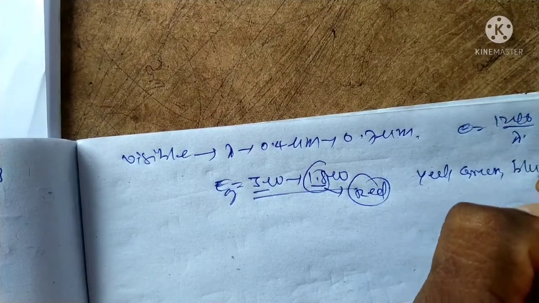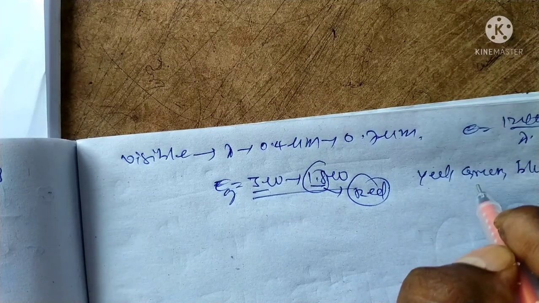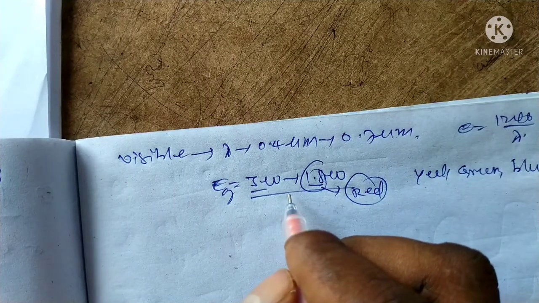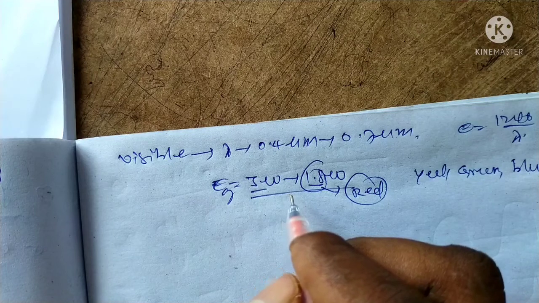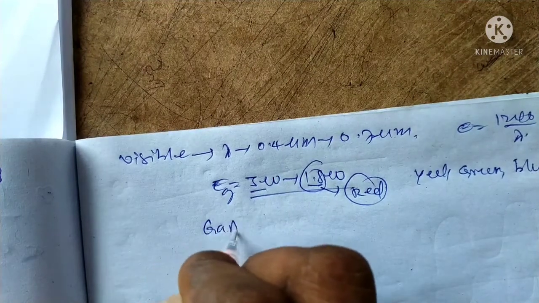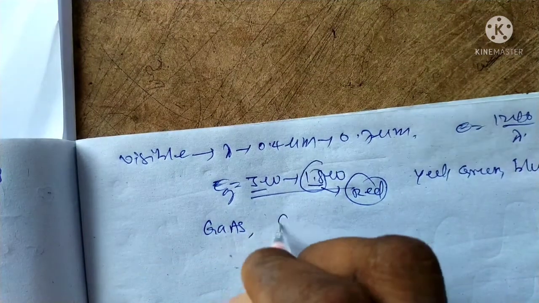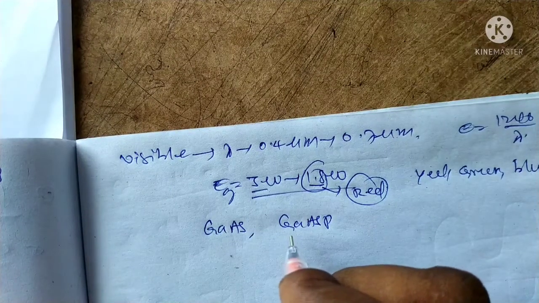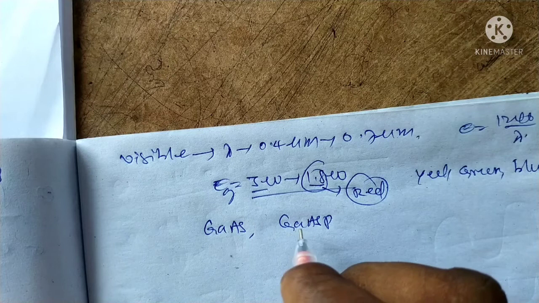blue, red, or different types. That depends upon the band gap of the given material. The types of LED materials are gallium arsenide and gallium arsenide phosphide, the best examples of LED material.